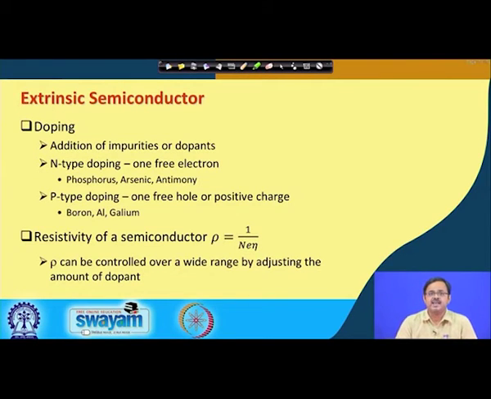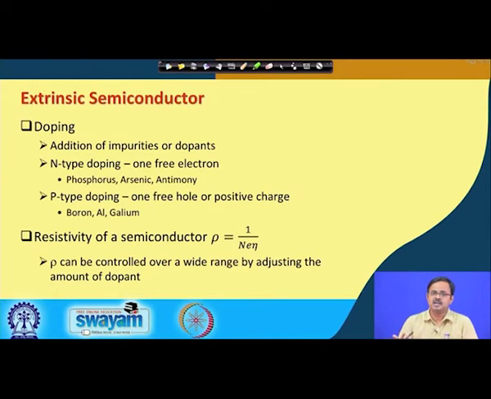It is N because electrons we know are negative charge carriers, negatively charged entities, and therefore that is where the N-type dopant or N-type doping name comes from. So, it is an N-type semiconductor, we say. What is an N-type semiconductor? It is a doped semiconductor which has been doped by elements which have free electrons.